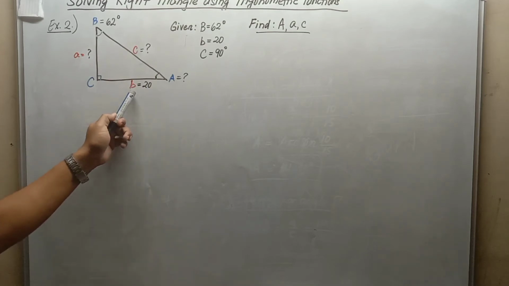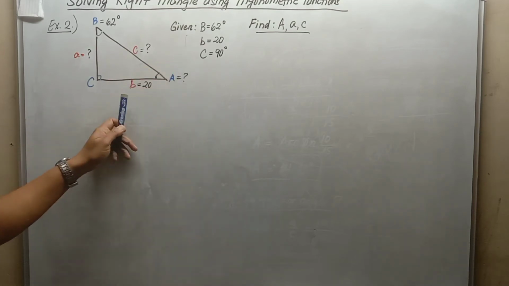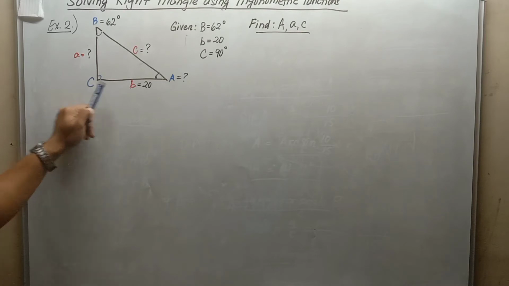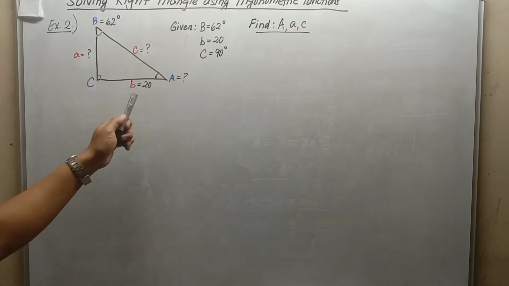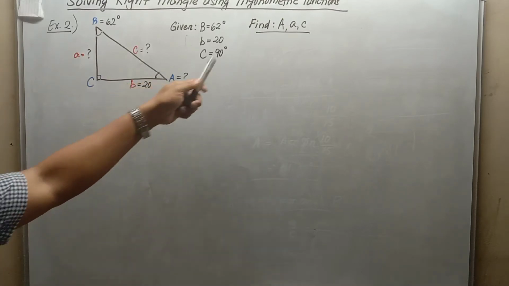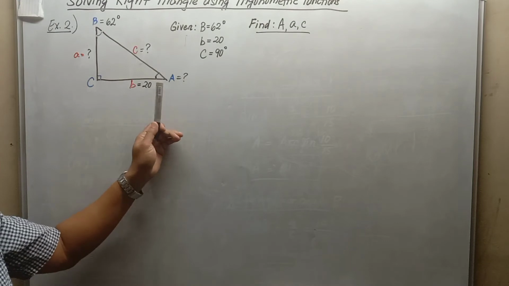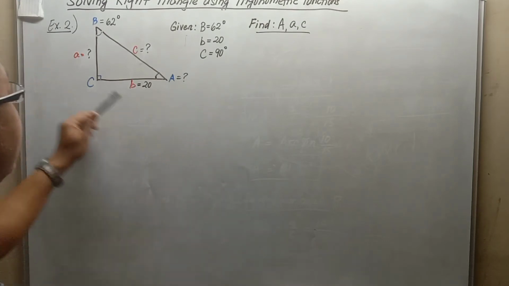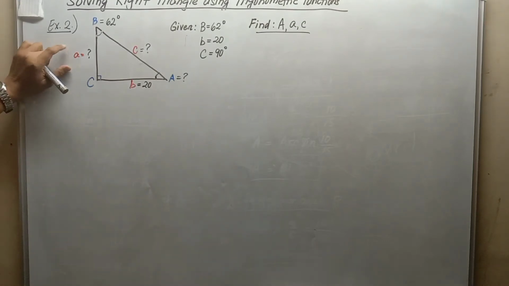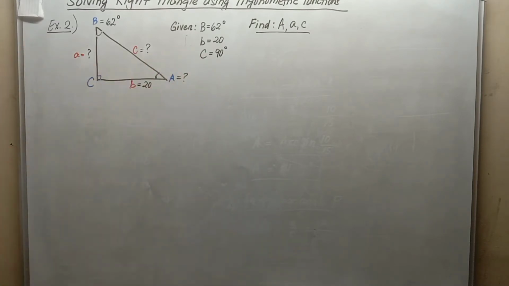Side small b is 20, and the angle C is 90 degrees. Now the requirement in this second problem is to find the value of angle A. First requirement is angle A, the second one is the side A, and the third one is the hypotenuse.